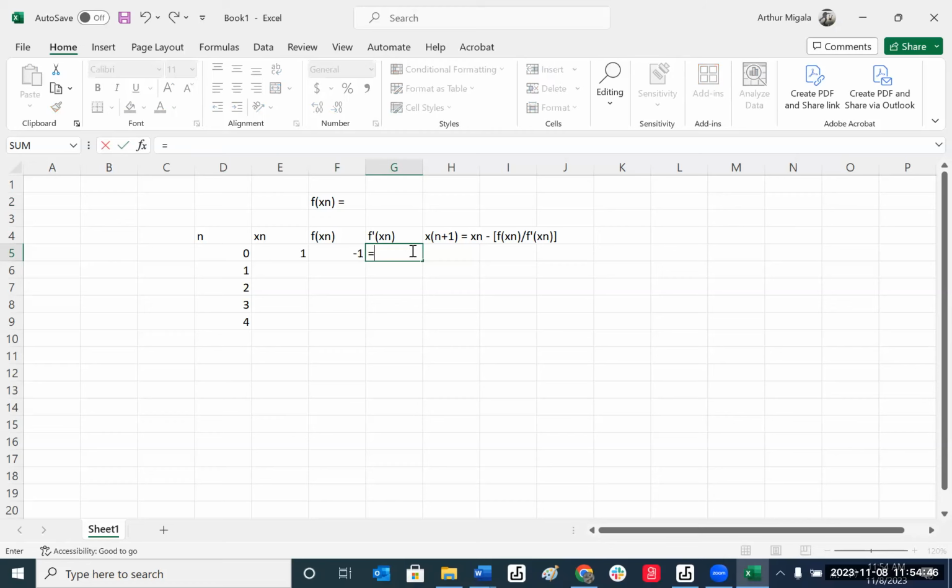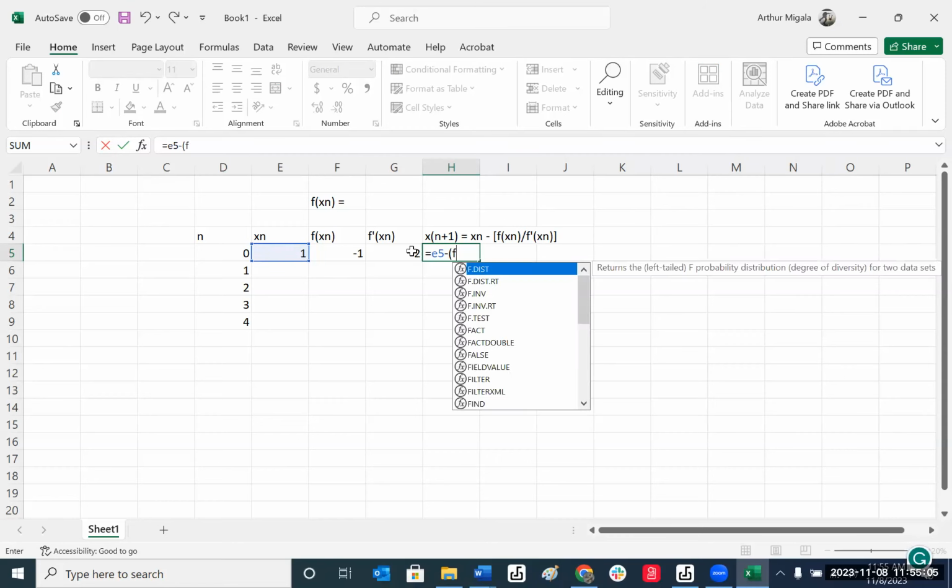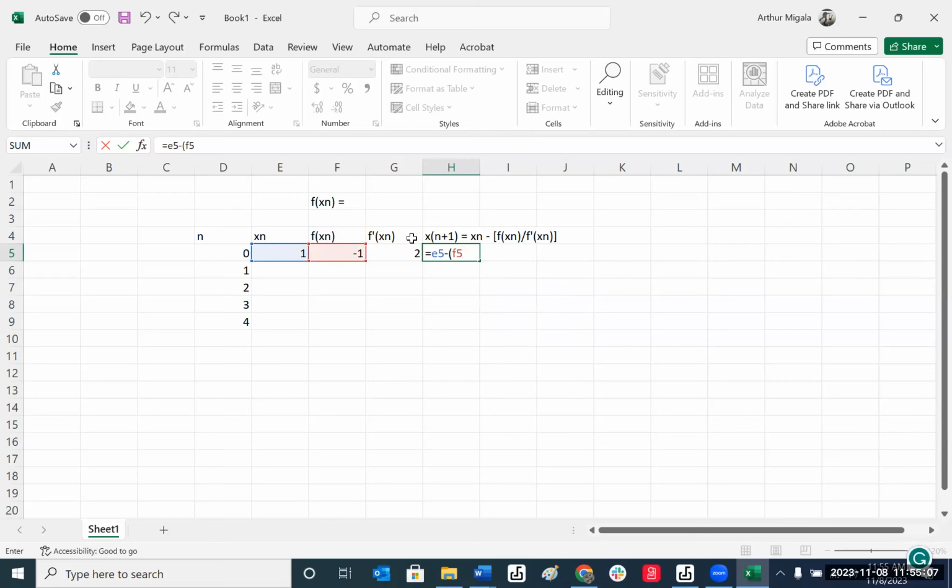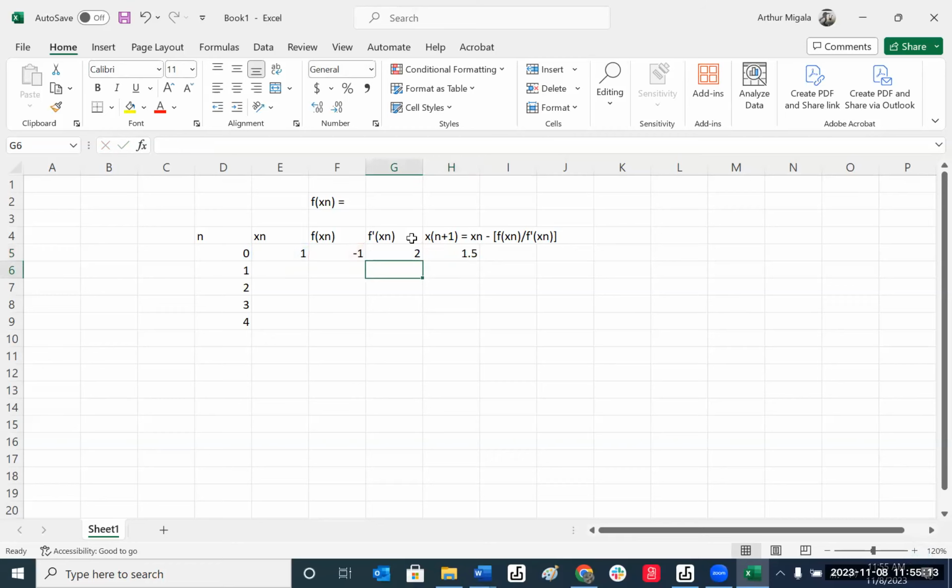And this one is 3 times E5 squared minus 1. And this one is E5 minus F5 divided by G5. And that's going to be whatever this is.